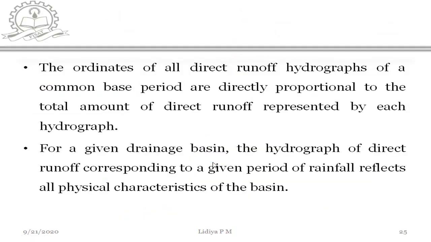Then the fourth one: the ordinates of all direct runoff hydrographs of a common base period are directly proportional to the total amount of direct runoff represented by each hydrograph.